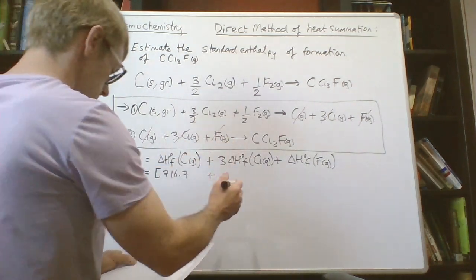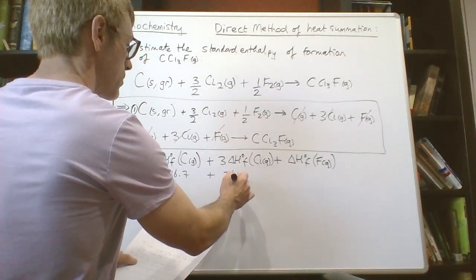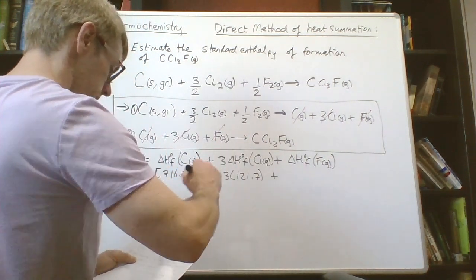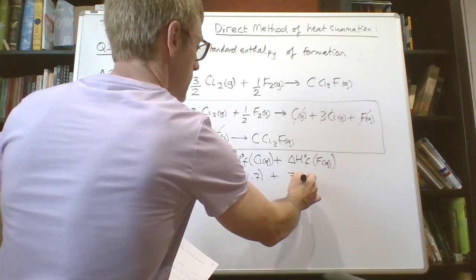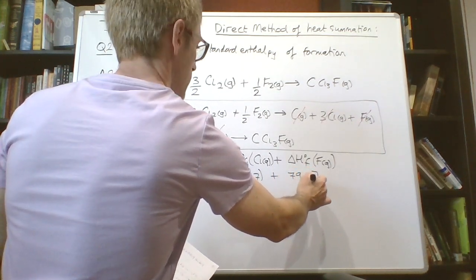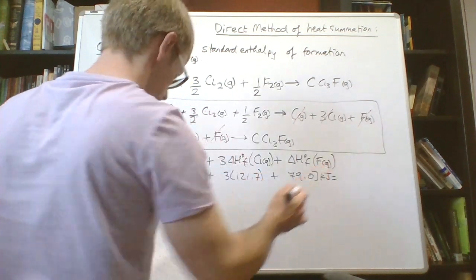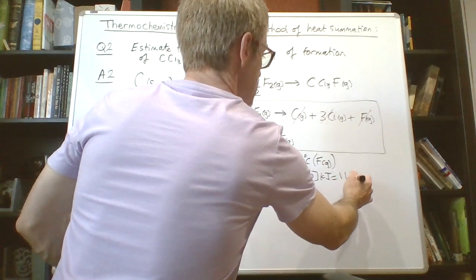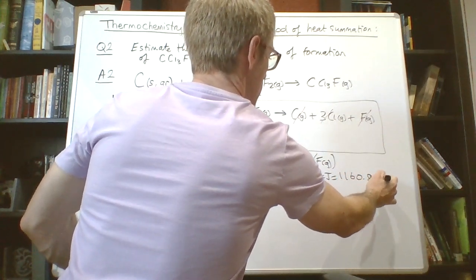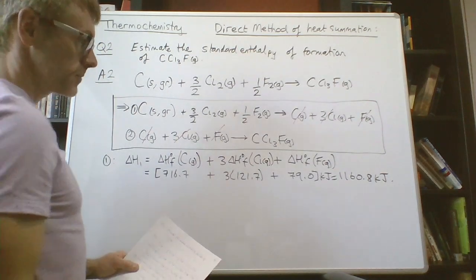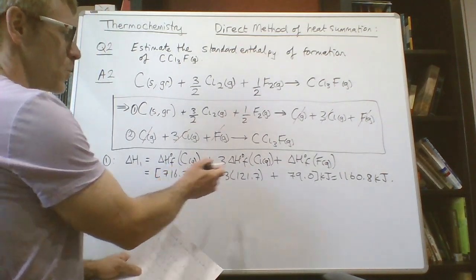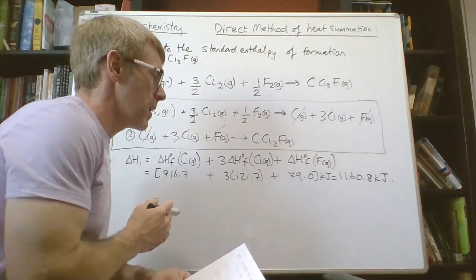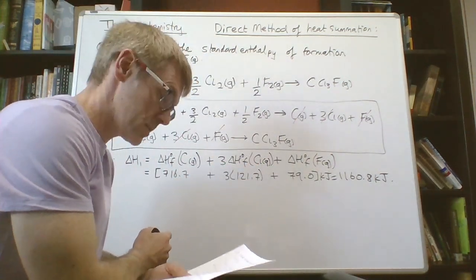We need 3 lots of this, so we find the value, then we multiply it by 3, 121.7, and then we find the fluorine value as 79.0, units of kilojoule, and we quantify that as 1160.8 kilojoule. Again, we give 1 decimal because we're adding and we propagate least decimals, and you can see here that the values are all given to 1 decimal.